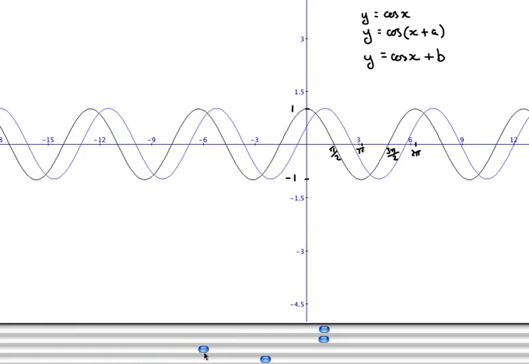There I've taken away 1 radian, and the graph moved 1 radian to the right. So subtracting from the angle moves the graph to the right. Adding to the angle, it moves to the left. Let me just put that back at 0.